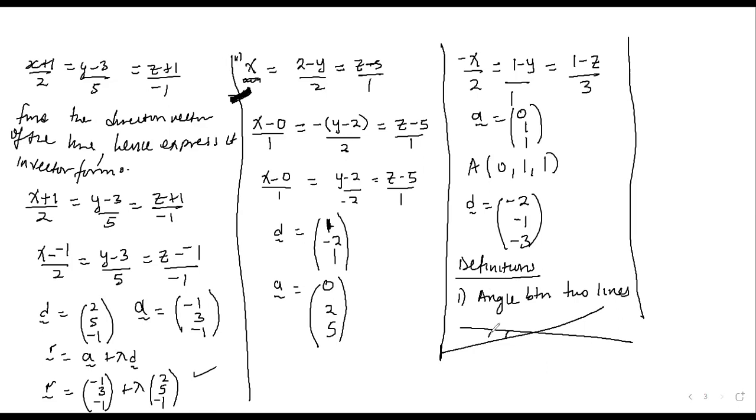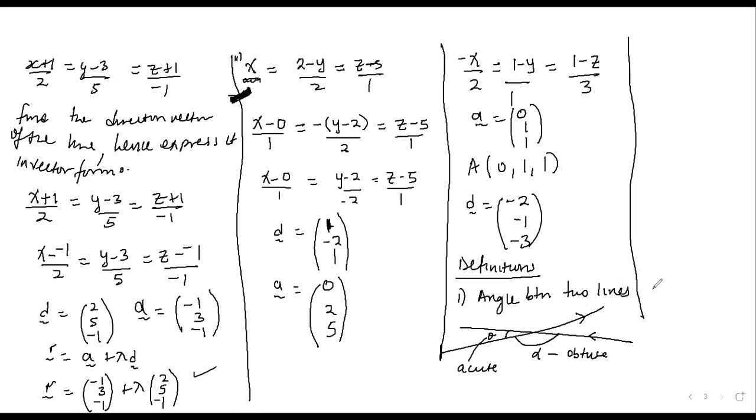You can have an angle theta. You can have an angle alpha, where alpha is obtuse, theta is acute. So they can ask you to find the acute angle between two lines, or they can ask you to find the obtuse angle between two lines.